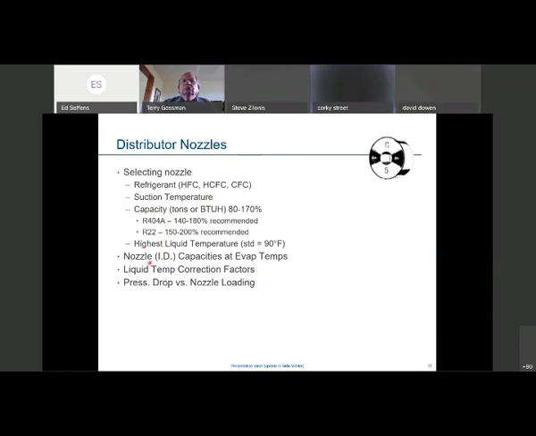Then we need to know the ID of the distributor, capacities and the evaporator temps, liquid temperature. Remember, liquid temperature for 404A, if it gets down to 50 degrees entering temperature, your capacity at the expansion valve can go up to 1.5 times that normal rating.